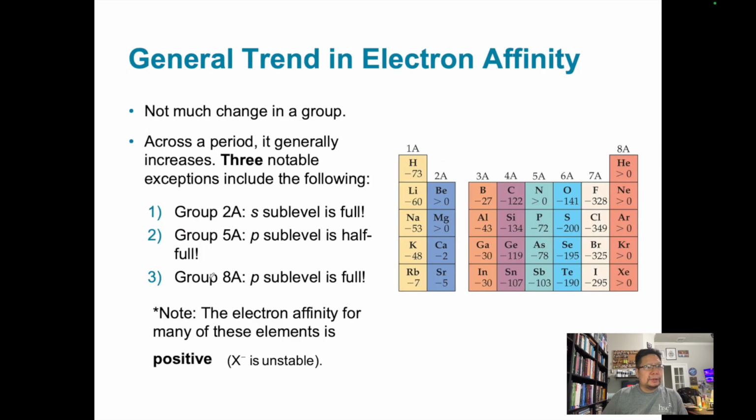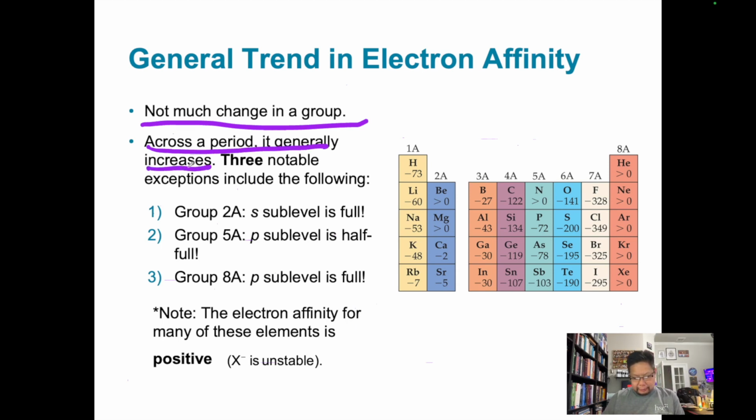When you look at the trend of electron affinity, there's not much change within groups, but across a period, electron affinity generally increases.